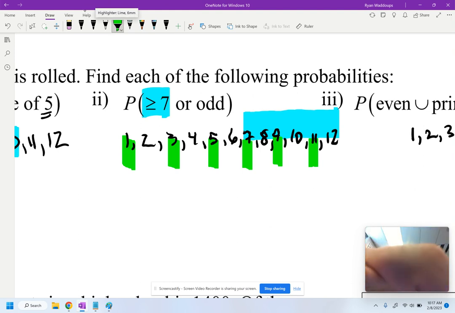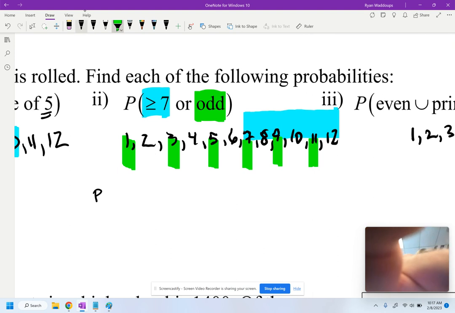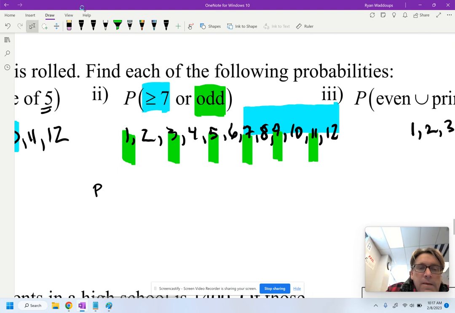And so here you can think of the probability of A. Oops, let's write this color here. It's odd. The probability of A is 1, 2, 3, 4, 5, 6 numbers that are greater than or equal to 7.